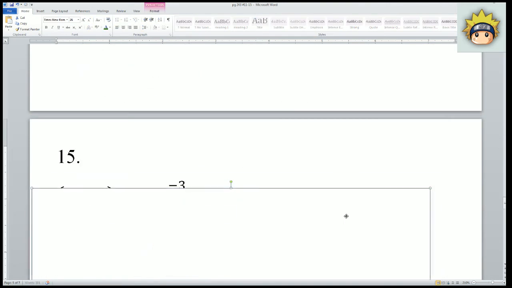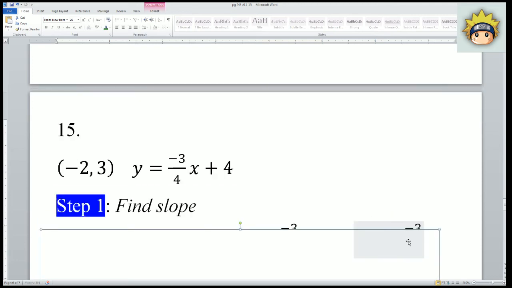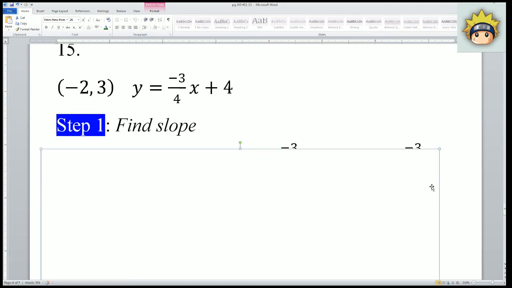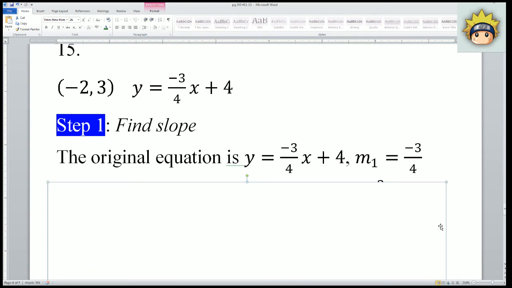Number 15. Again, we have the point negative 2, 3 and the equation y equals negative 3 over 4x plus 4. First step is always to find the slope. The original equation is y equals negative 3 over 4x plus 4. m1 is equal to negative 3 over 4.